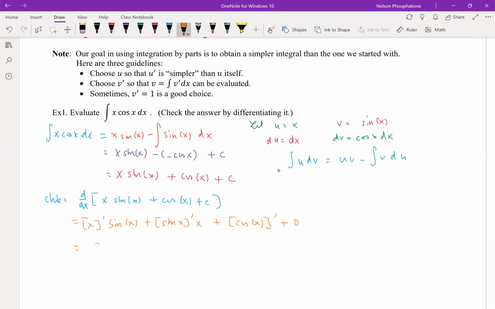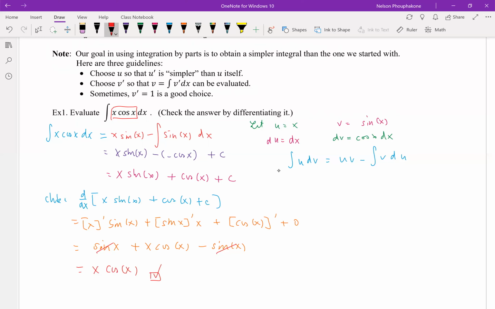And then, of course, we will have sine of x plus x cosine of x minus sine of x. Okay. So then you will see that my integrand is x cosine of x.